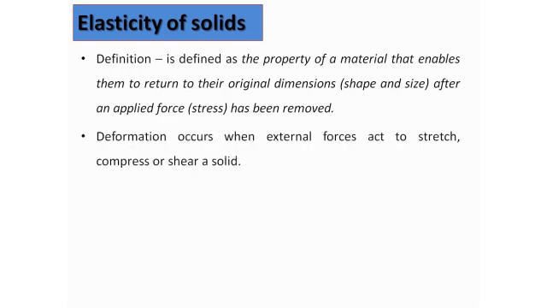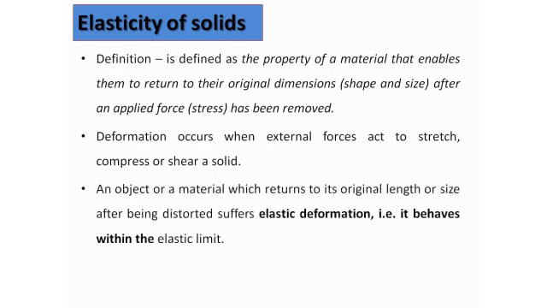Done. So the deformation occurs when external forces act to stretch, compress or shear a solid. The deformation of the shape or the size of the solid occurs only when the applied external force has the capacity to stretch, compress or shear a solid substance.